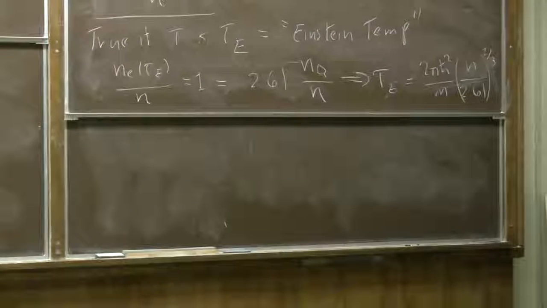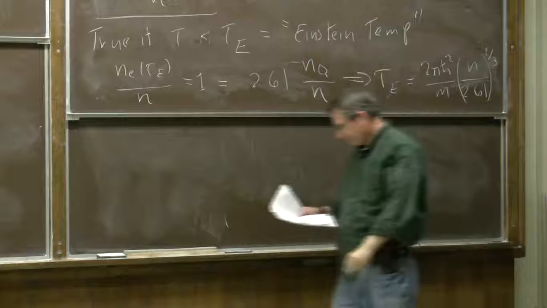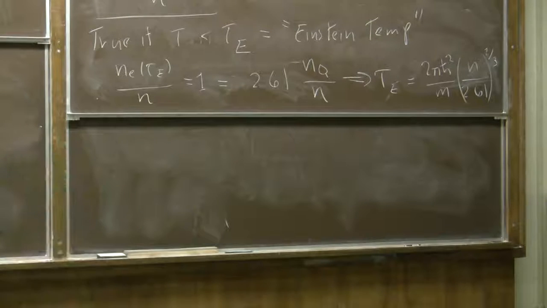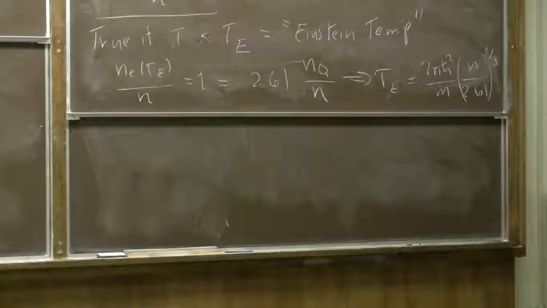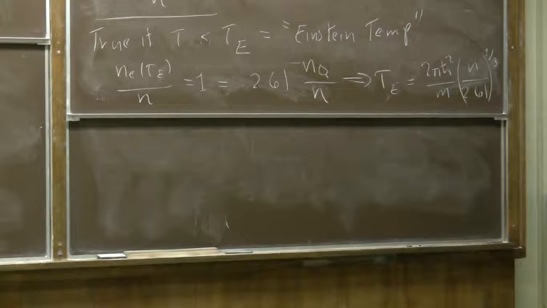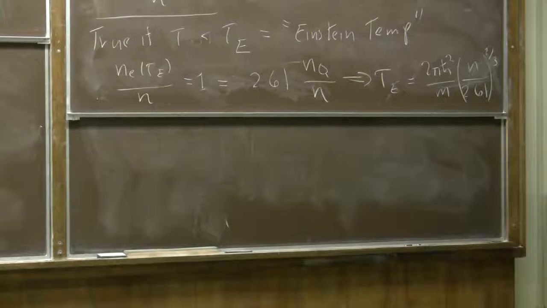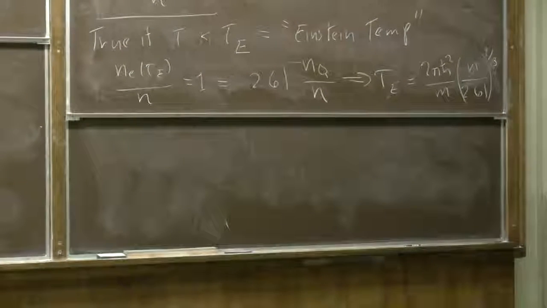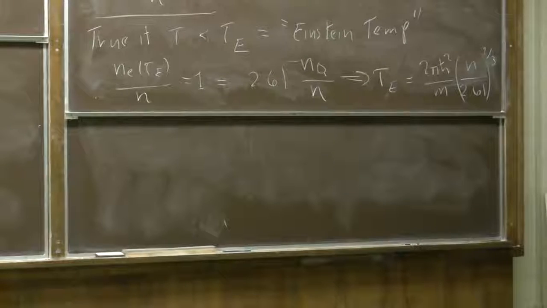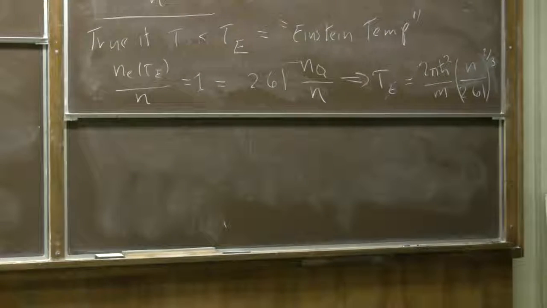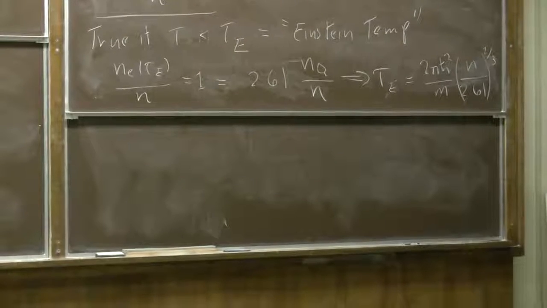Okay? Well, as we've discussed before, when the concentration is equal to the quantum concentration, that means that the typical separation between particles is comparable to the de Broglie wavelength of a particle with temperature tau. So the gas starts to condense when the particles are dense enough in that sense, where their wave functions are starting to overlap. Okay?